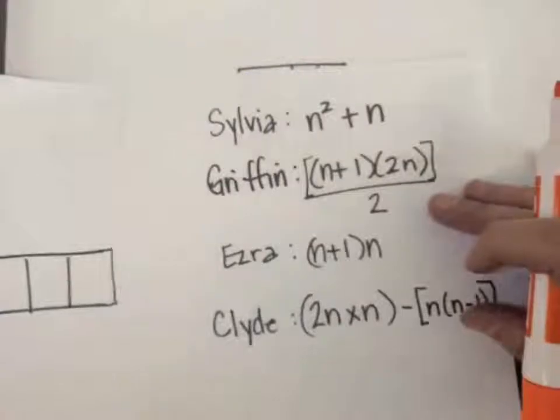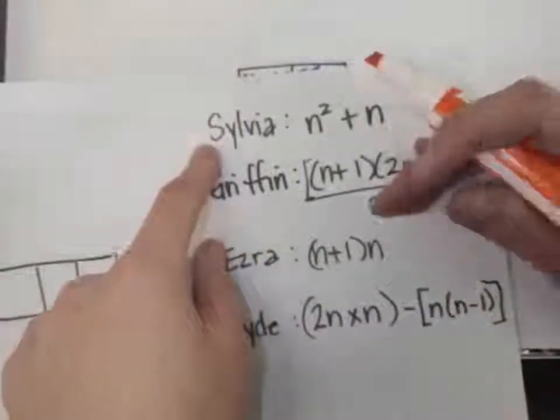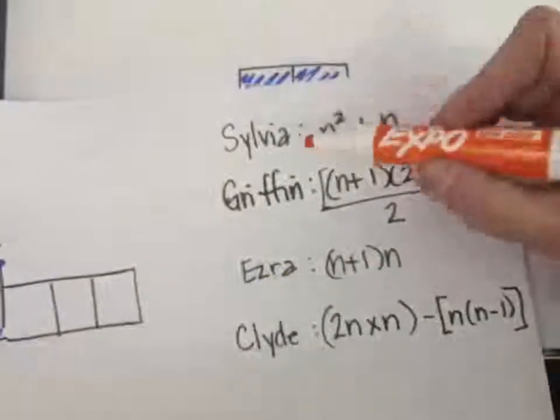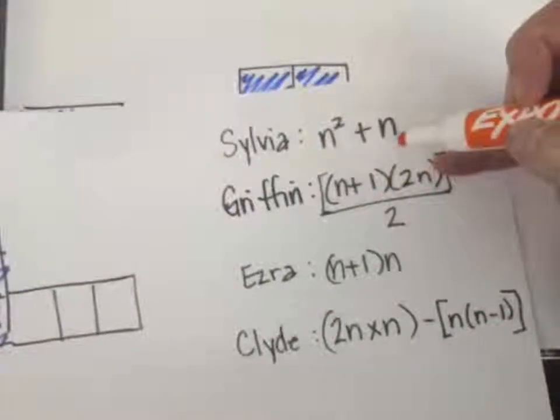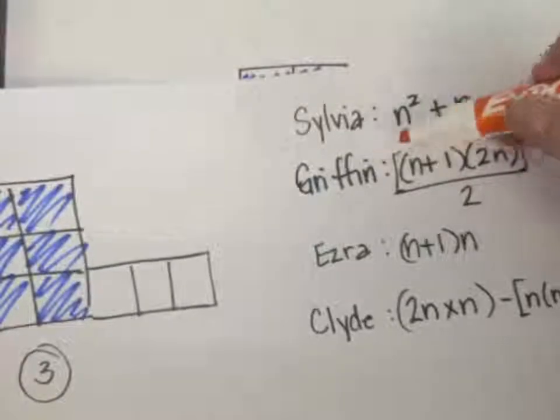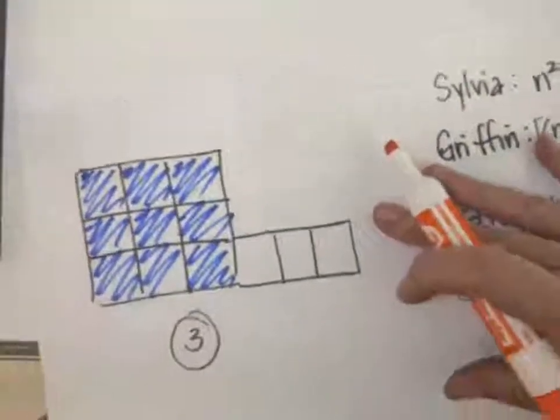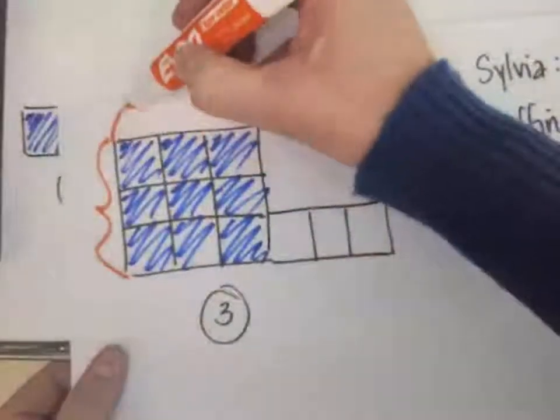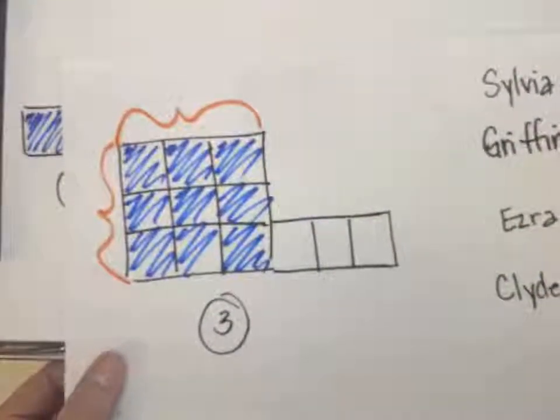So I always give kids credit for the way that they see the pattern, and so that's why you see the names on here. Sylvie sees the pattern as n squared plus n. And when she talks about this, she shows us how she sees it. She sees this side as n, or the stage number, and this side as n, or the stage number.